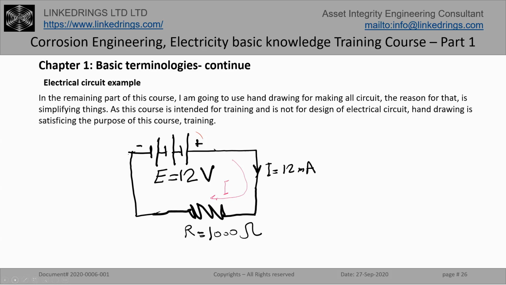In the remaining part of this course, we will use hand sketches like the one you have seen now for making all the circuits. The reason is to simplify things, as this course is intended for training and not for the design of electrical circuits. Hand drawing satisfies the purpose of this course.